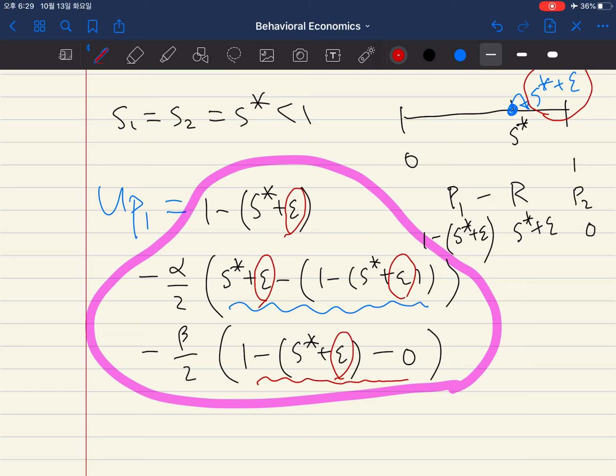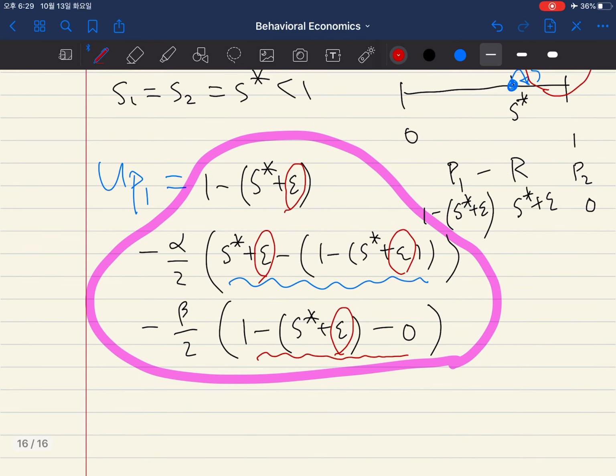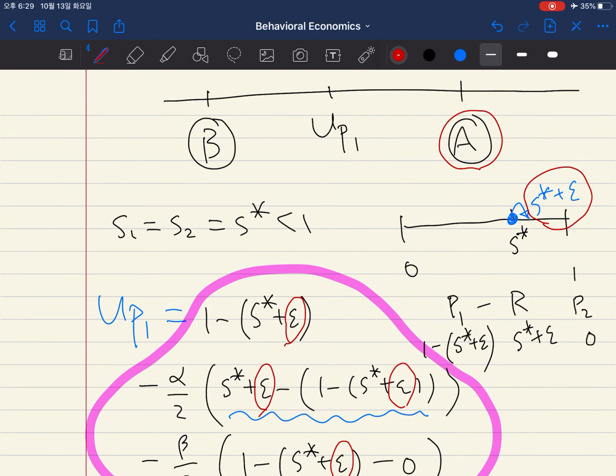If you compare expression A and this purple expression, if epsilon is equal to 0, then these two expressions are the same. And remember, epsilon is a very small positive number. If epsilon is equal to 0, this purple expression is equal to expression A.